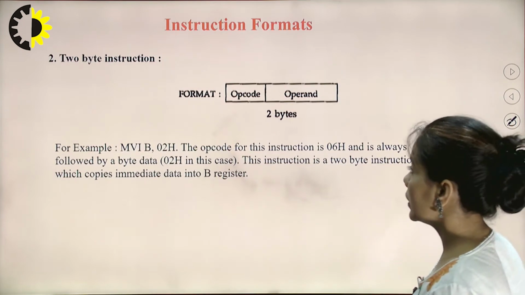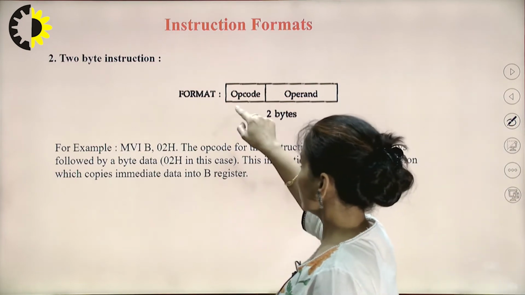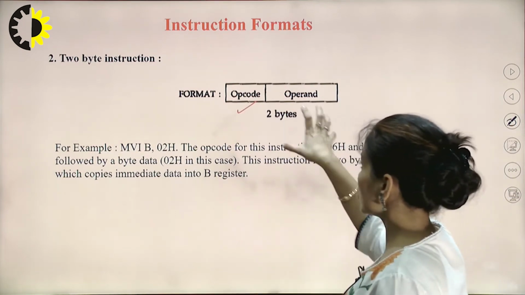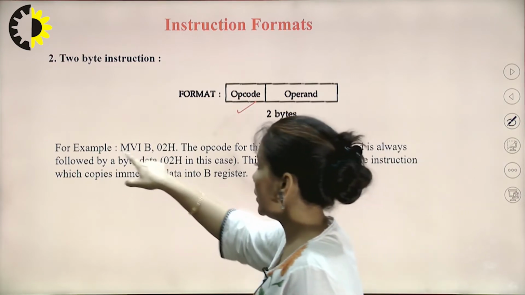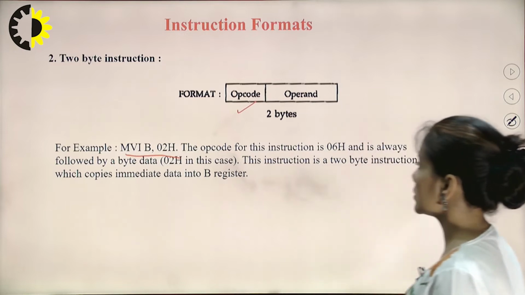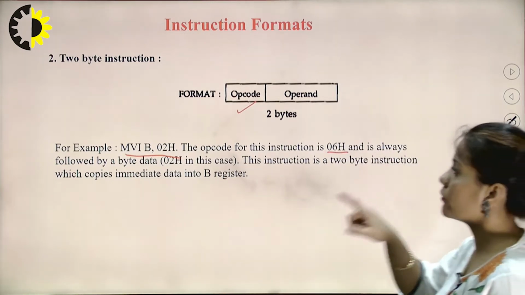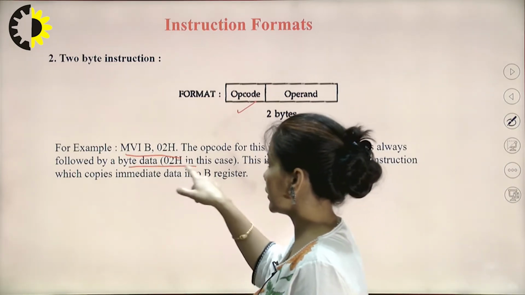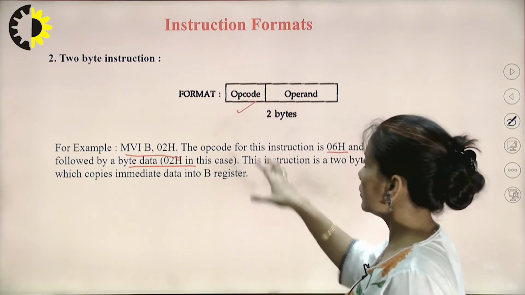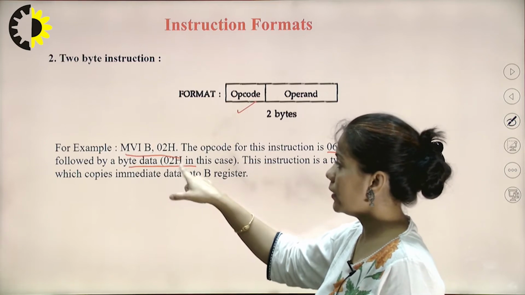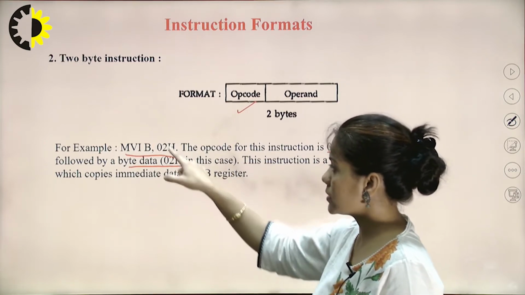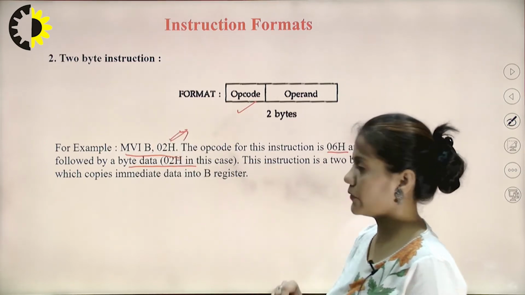Let's see. In the 2 byte instruction, the combination of 2 bytes gives opcode and operand. MVI B, 02. The opcode for this instruction is 06H and it is always followed by a byte of data, 02. The opcode is a combination of MVI B, the destination, and the second byte is always the data specified in the instruction.